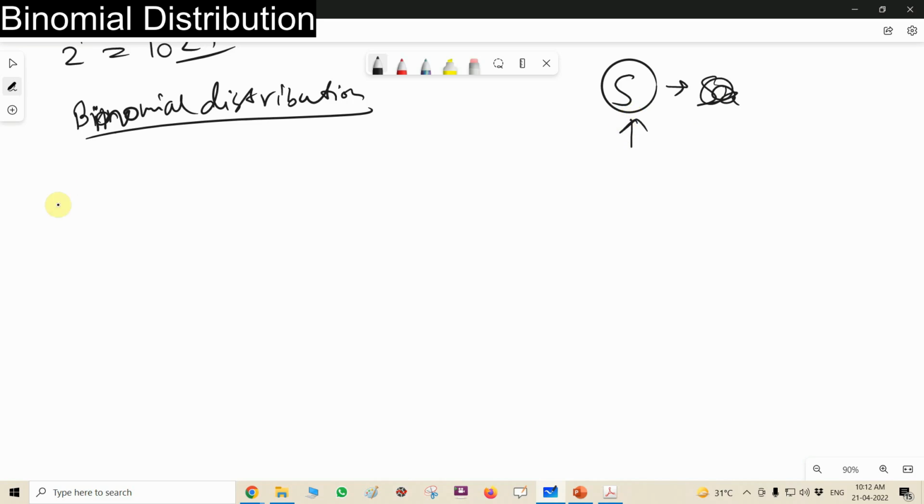Let me tell you. For the binomial distribution, first of all, write this down, all the trials are independent. When all the trials are independent, then you will be doing the binomial distribution.